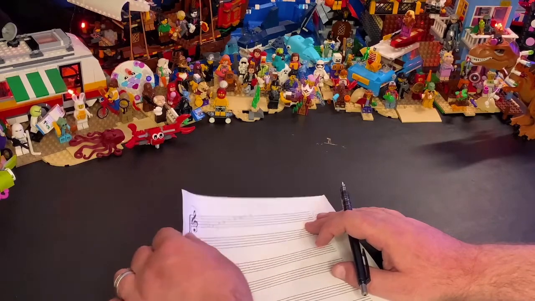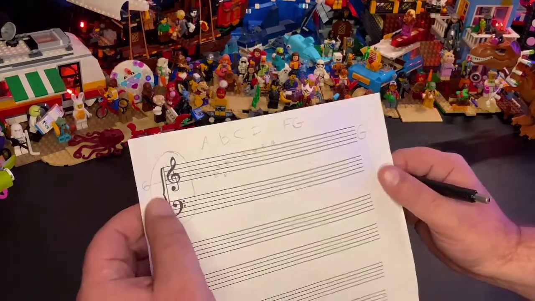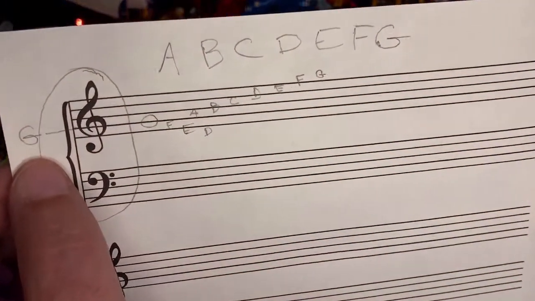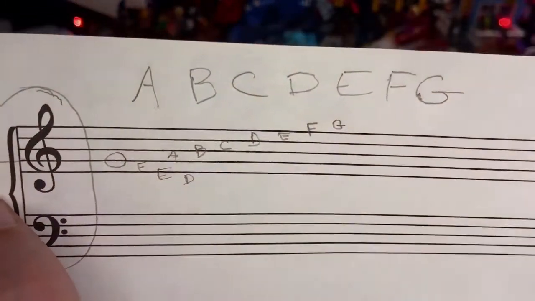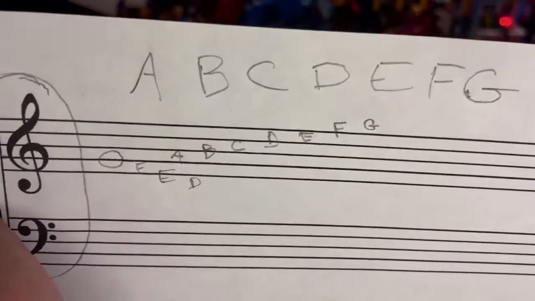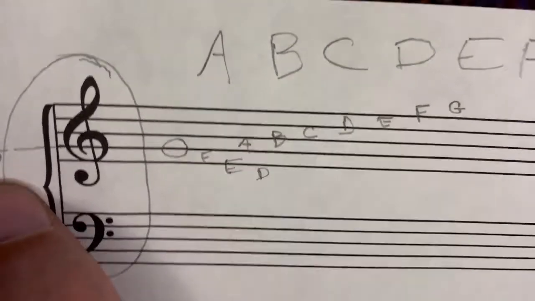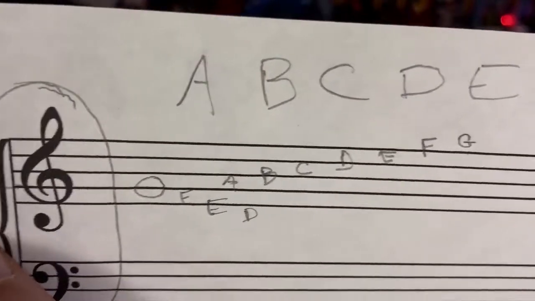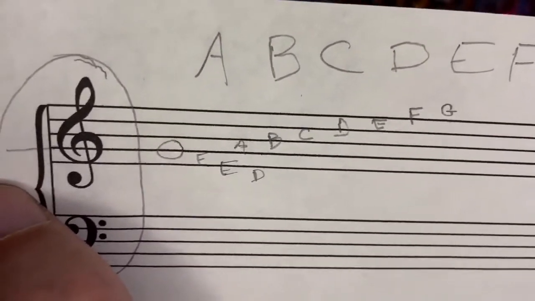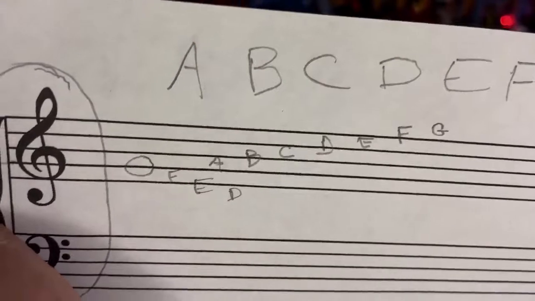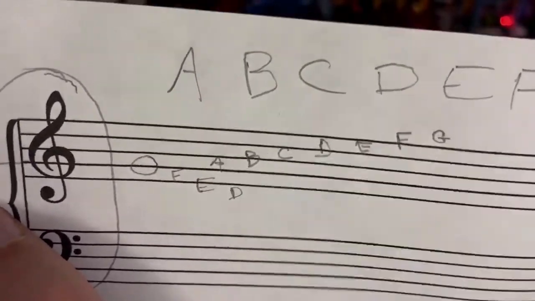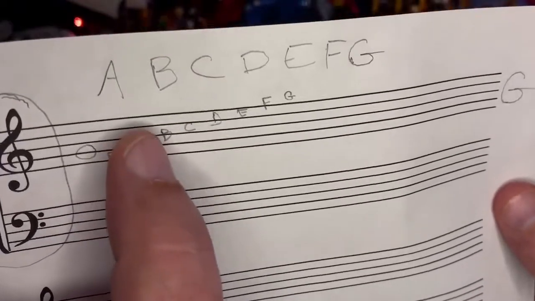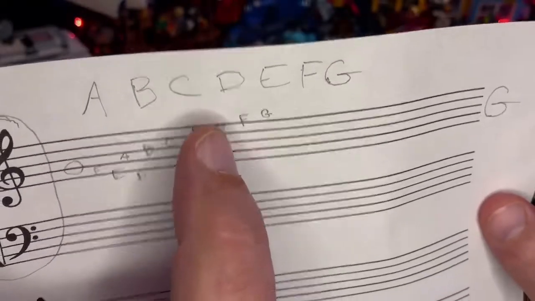Sometimes in school, when they do a brief overview of music, they'll use acronyms to help remember some of these, or use pattern recognition to try to help memorize the way a treble clef musical staff works. You'll notice that the spaces spell the word F-A-C-E.